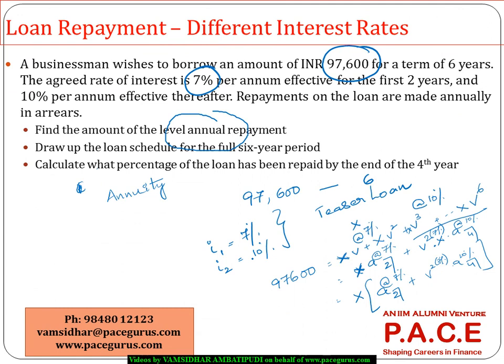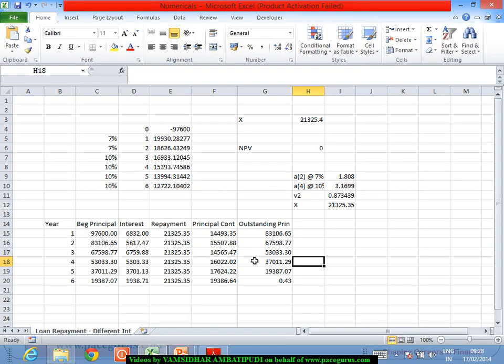And now the next part that is asked is to calculate what percentage of the loan has been repaid by the end of the fourth year. At the end of the fourth year, the principal that is outstanding is only this much.